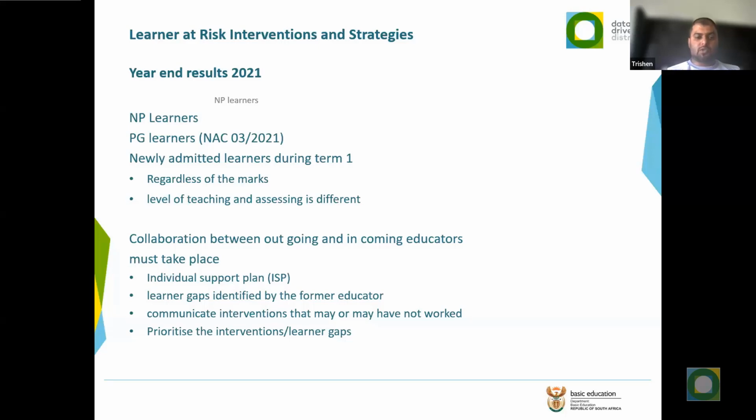What's important to note is that if, for example, he is experiencing a problem in division, and the intervention stated on the ISP is extra classes, what does that mean?